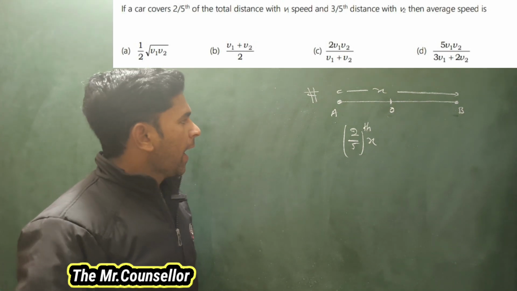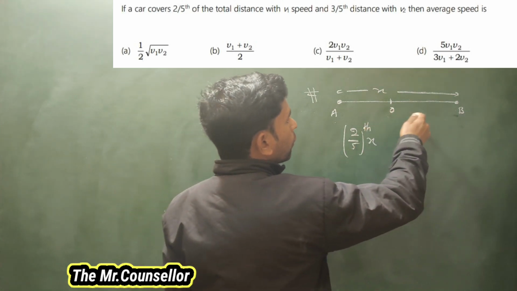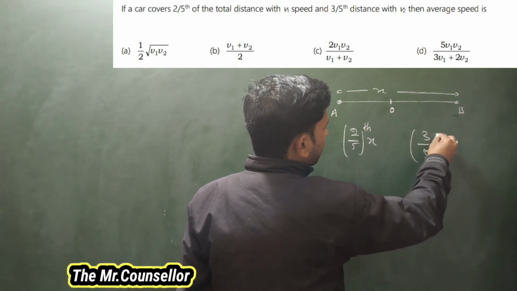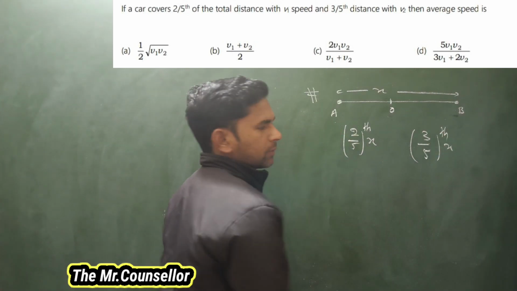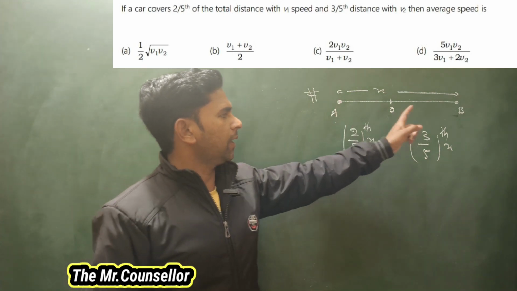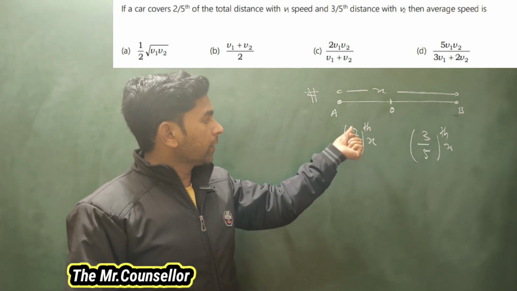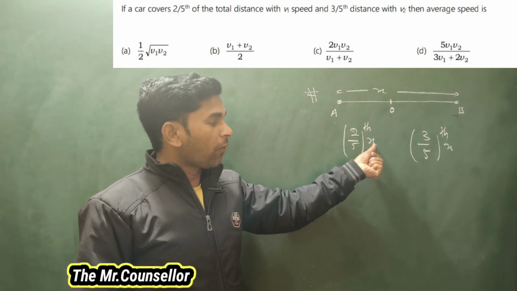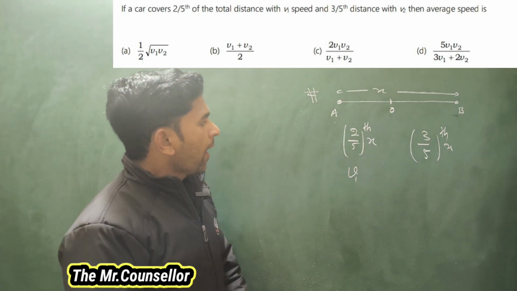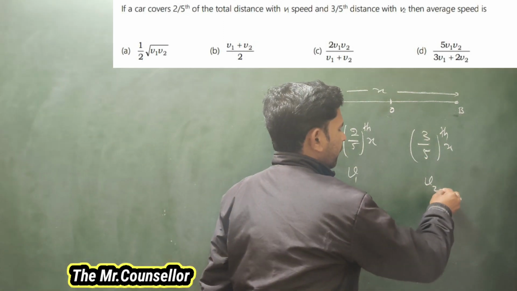Is it okay? And next, when covering O to B, we can write 3/5 of x. It means the total distance A to B is x. The car covers 2/5 of x with speed v1 and 3/5 of x with speed v2.